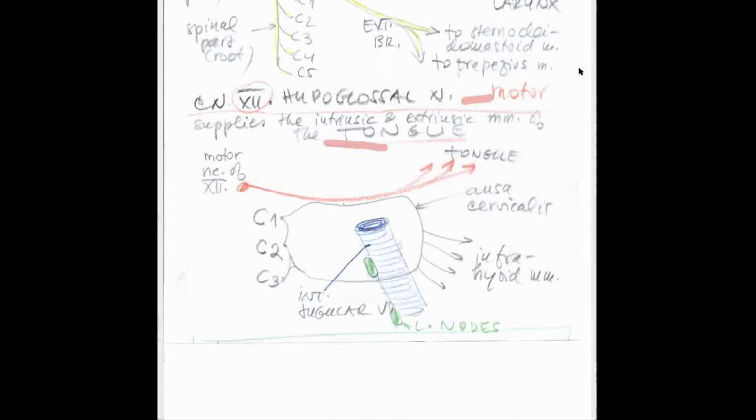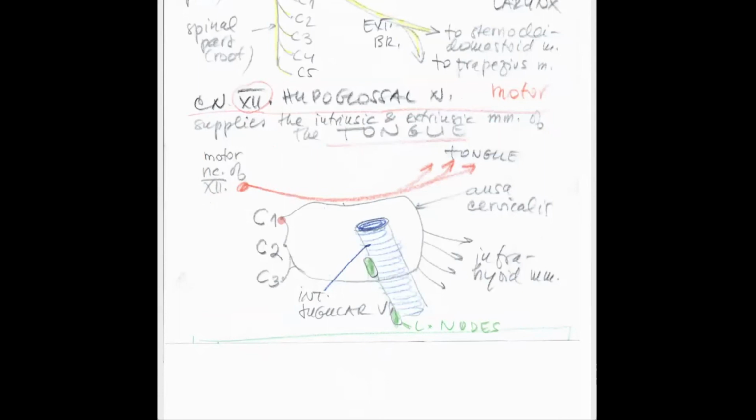Concerning the course, it originates from the motor nucleus of nerve number 12, passing through its own foramen, forming an arch, and finally reaching the muscles of the tongue. Specific situation is with the connection with the cervical plexus. We remember the cervical plexus consists of the motor and sensory branches.